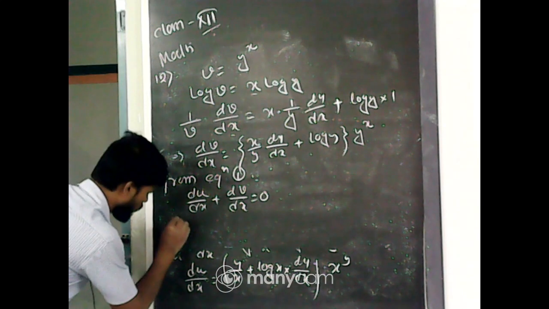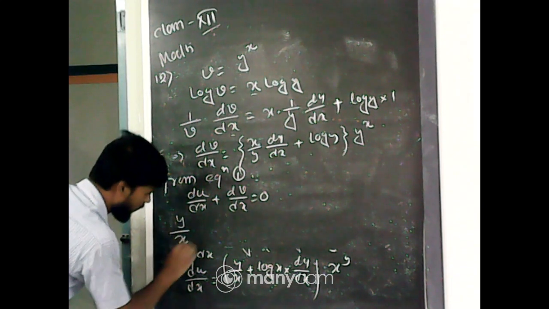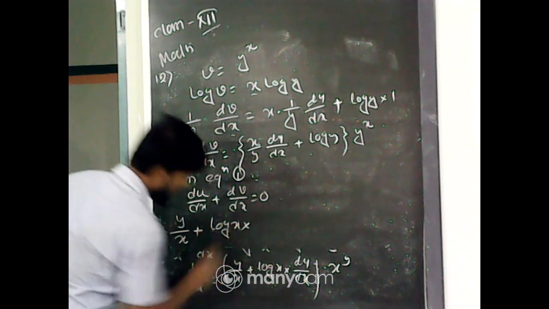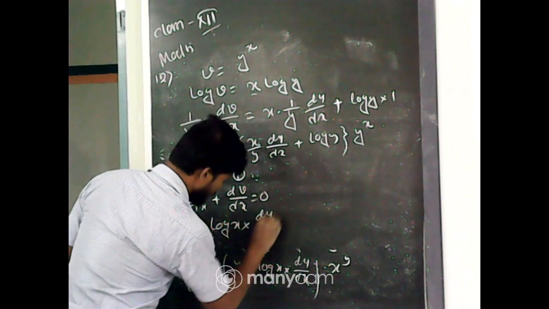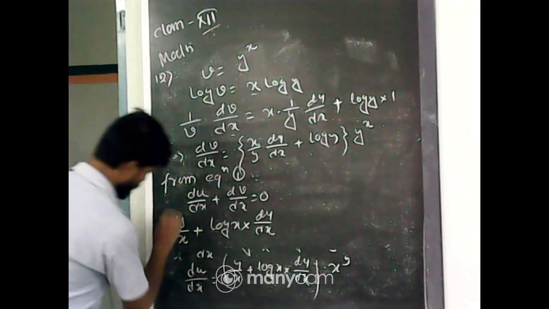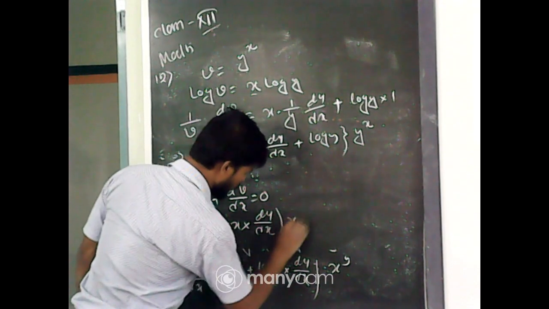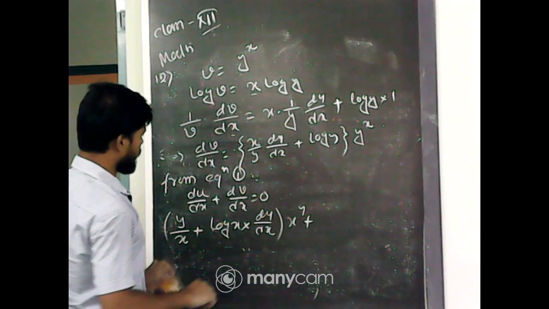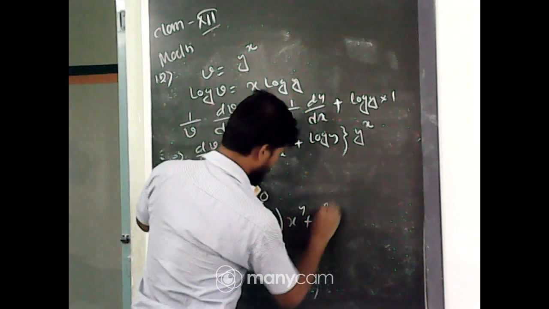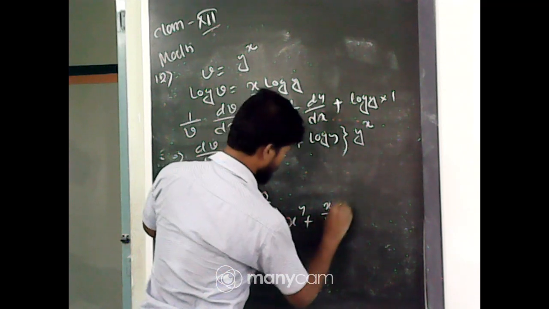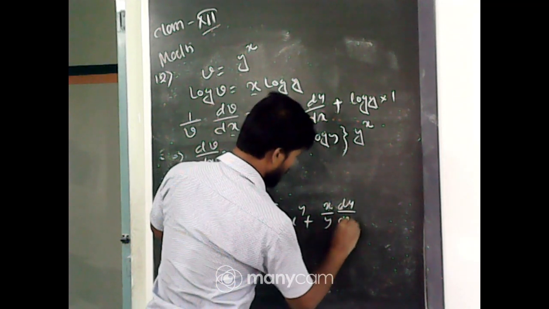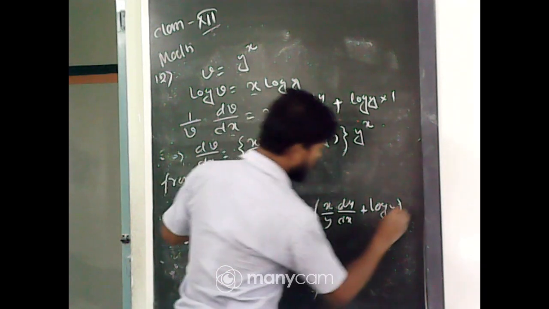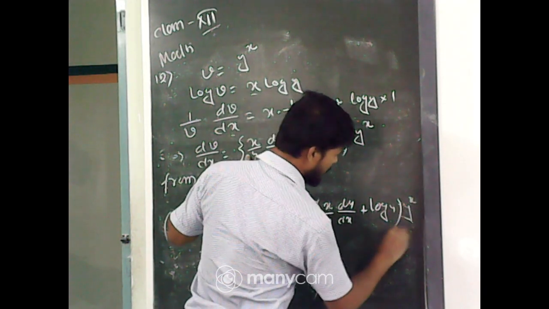So we have (y by x plus log x into dy/dx) into x to the power y, plus (x by y dy/dx plus log y) into y to the power x, is equal to 0.